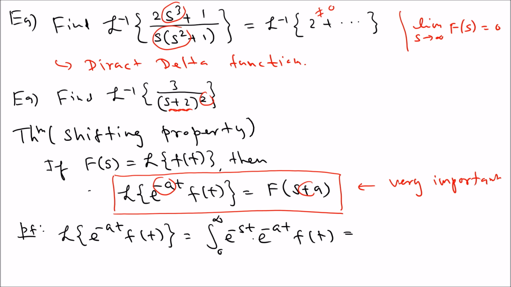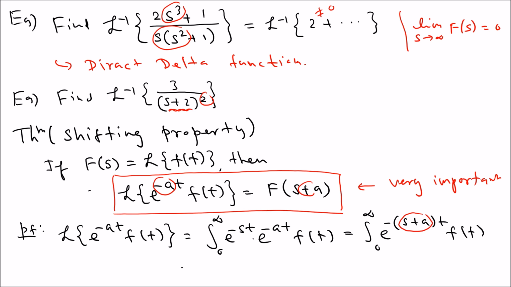Now what we're going to do is combine. We can write this as the integral from 0 to infinity of e to the minus (s plus a)t f(t). You can see nothing much happened here. What simply happened is you just replace s by s plus a. That means in the same Laplace transform, you replace s by s plus a.